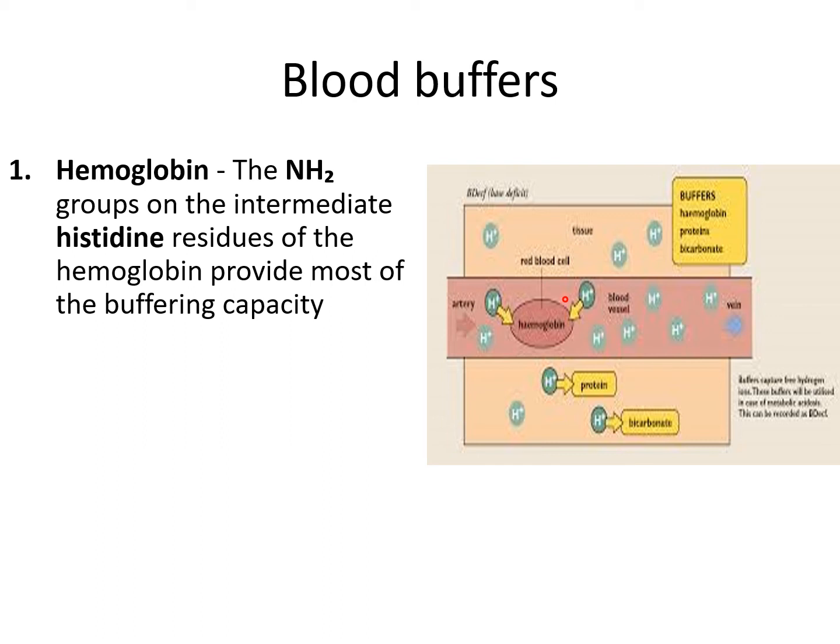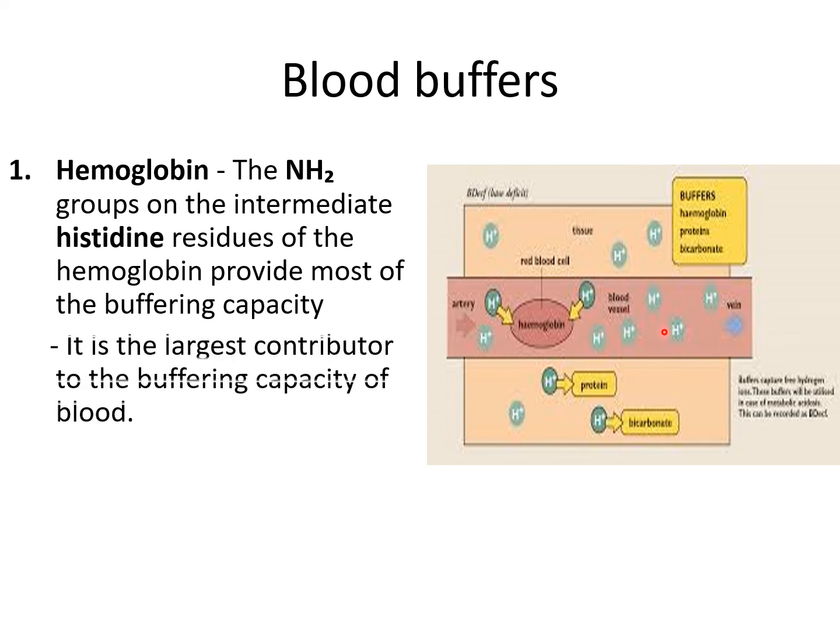This hemoglobin buffer system has the largest contribution to the blood buffers, because each hemoglobin molecule contains 38 histidine residues, and hemoglobin is present in large amounts in blood. The hemoglobin in the blood has 6 times the buffering capacity of the plasma proteins.